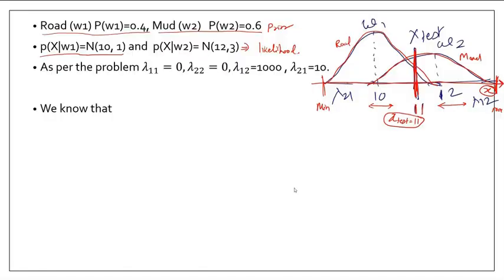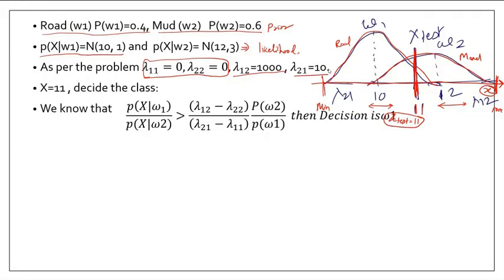As per our earlier discussion, lambda 11 is equal to lambda 22 equal to 0. So this is given to us. Lambda 12 is 1,000 and lambda 21 is 10. Now if x is equal to 11, decide the class.